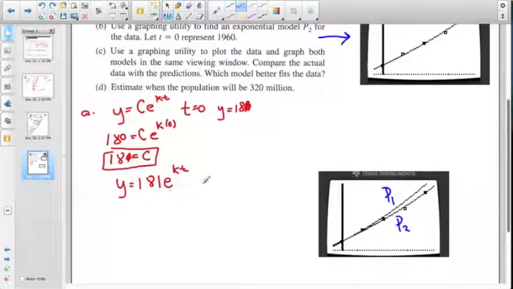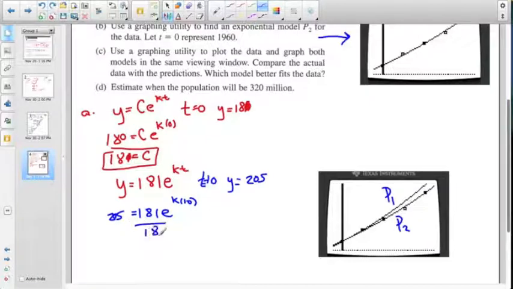We do need to find this growth rate though, and that's where that second data point is going to come in handy. 10 years later, we have a population of 205, and so we're going to substitute that in. If we solve this algebraically, we have 205 divided by 181 equals e⁻10k, and we take the natural log of both sides.